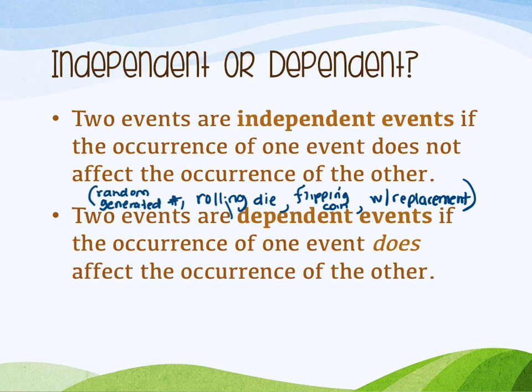Those would all be examples of independent actions. The first one does not impact the second one. The third one, a dependent event is the occurrence of one event does affect the occurrence of the other. This is pretty much just without replacement. So you have taken something out of your sample space and you did not put it back.